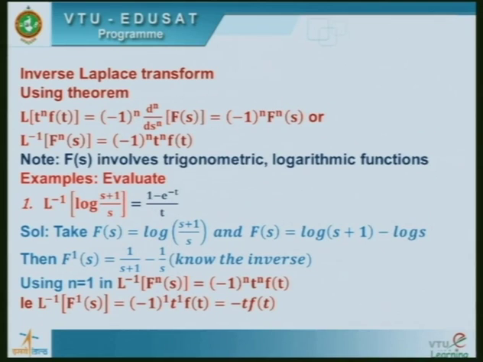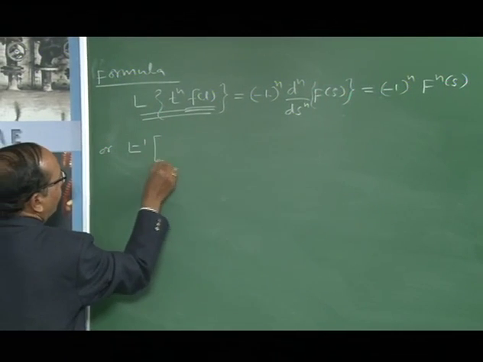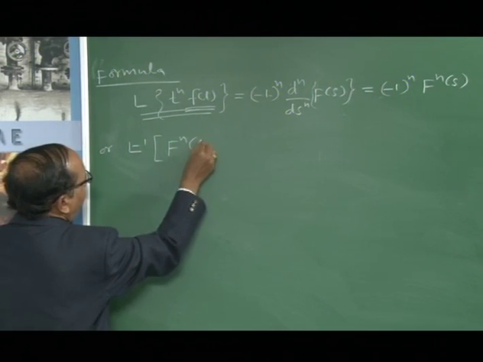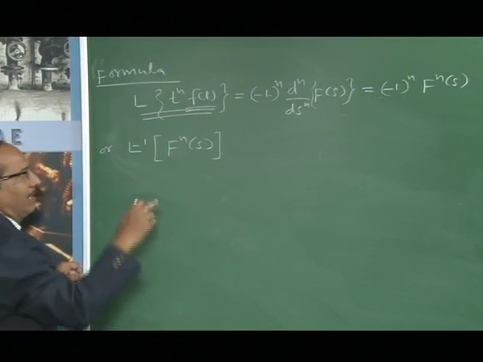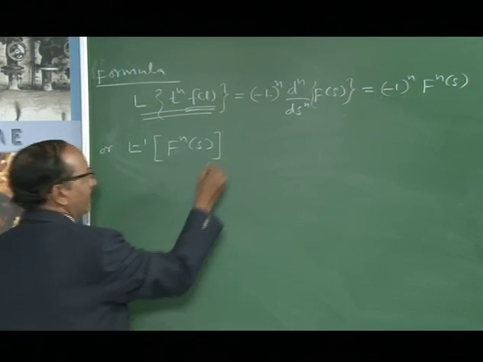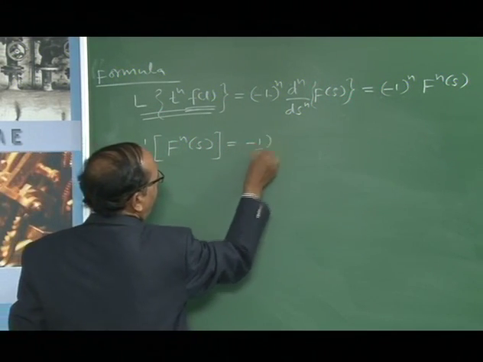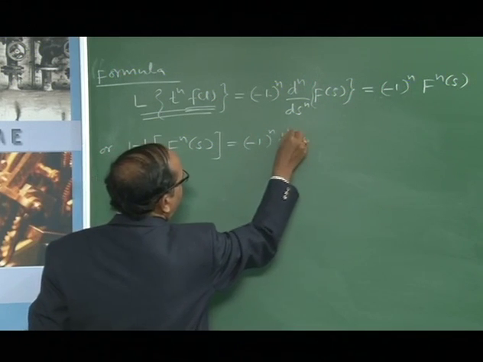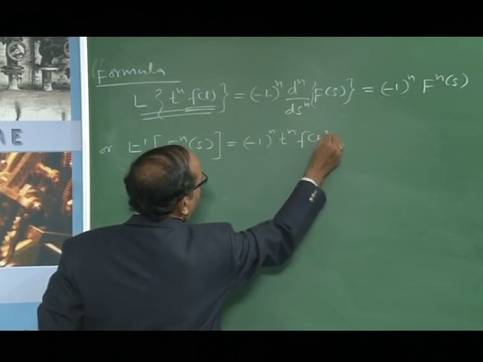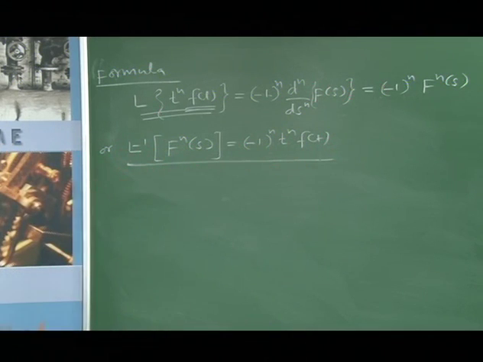So, I make it an inverse formula. Taking L on that side, one can write L inverse of F^n of s, that minus 1 raised to n taken to the other side, equals minus 1 raised to n t raised to n f of t. So, this is the inverse transform of F^n of s.